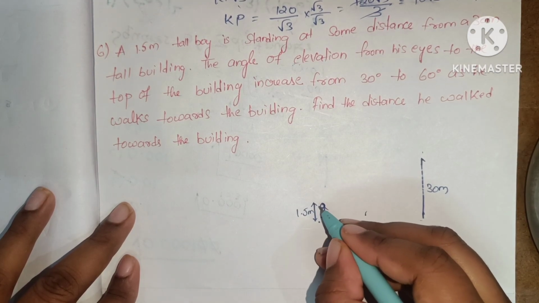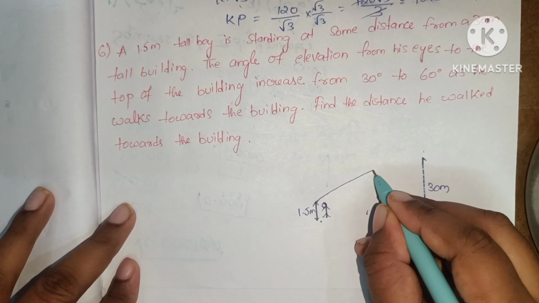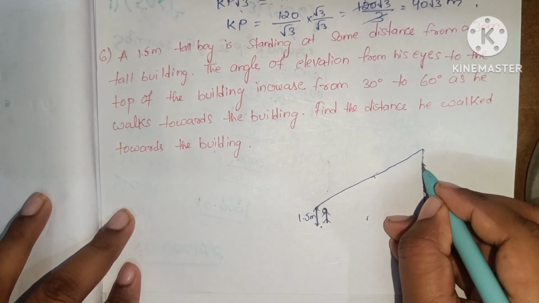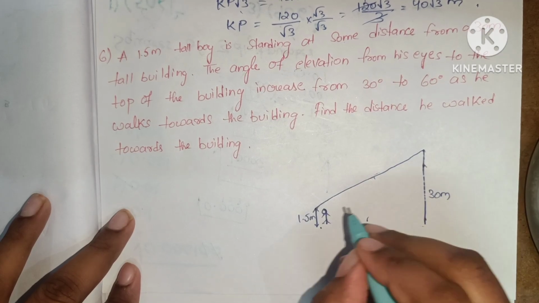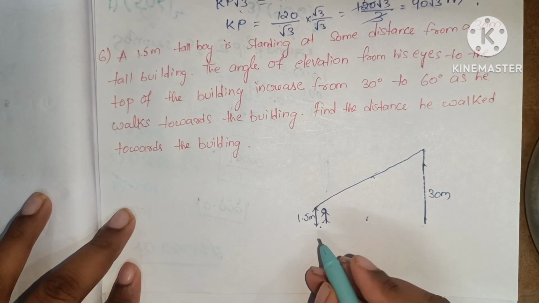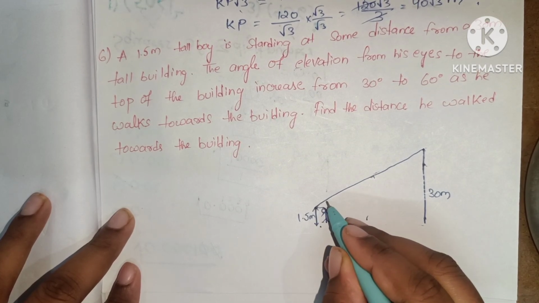So the person was standing here and he was seeing the top of the building. So he creates some angle of elevation.